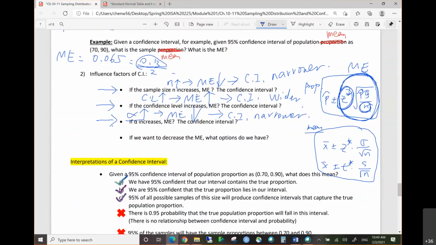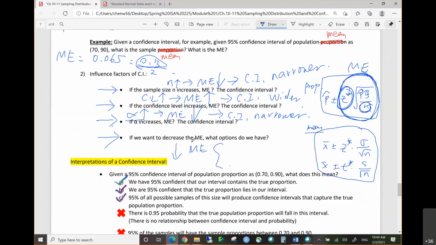All right, so now we're kind of discussing all these options. Now, final question. If we want to decrease the margin of error, we want to make the confidence interval as accurate as possible, what options do we have? If you want to decrease the margin of error, what options do we have?